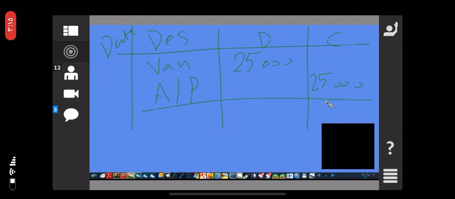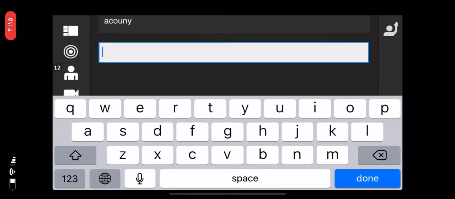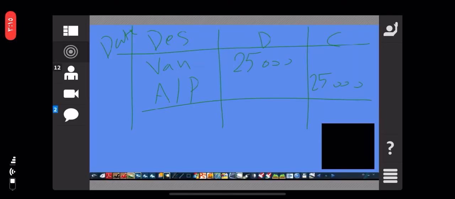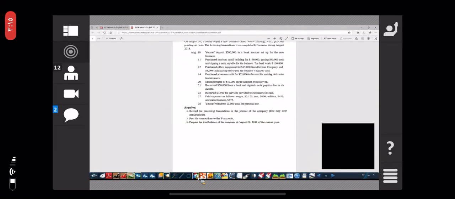Clear VC? Clear? So now we will go to date 20 August.